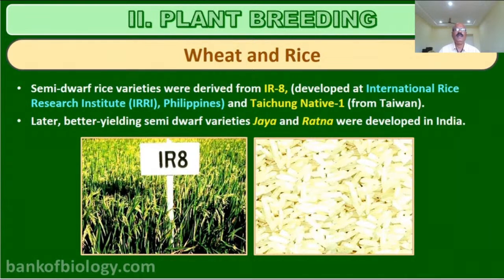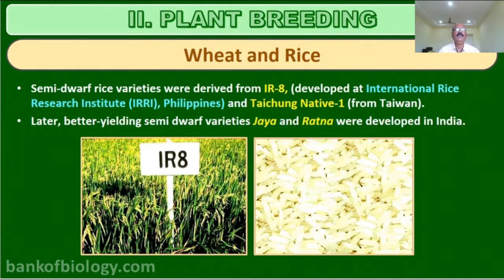Later, better yielding semi-dwarf varieties Jaya and Ratna were developed in India. Actually, the wild rice variety's lifespan is 6 months, whereas nowadays farmers cultivate rice varieties with a lifespan of only 3 months, that means a 90 days crop. Those varieties are developed by plant breeding techniques.